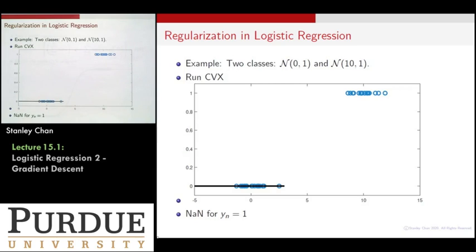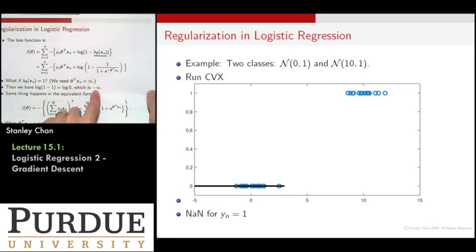When you put it into the CVX program, it will say, I cannot find a solution, because you have this log of 0 or minus infinity going on in your fitting problem. So I'm not able to find a solution. And then you ask, how can this be possible? You just showed me that the logistic regression loss function is convex. It has all these nice properties, but then you have this minus infinity issue.